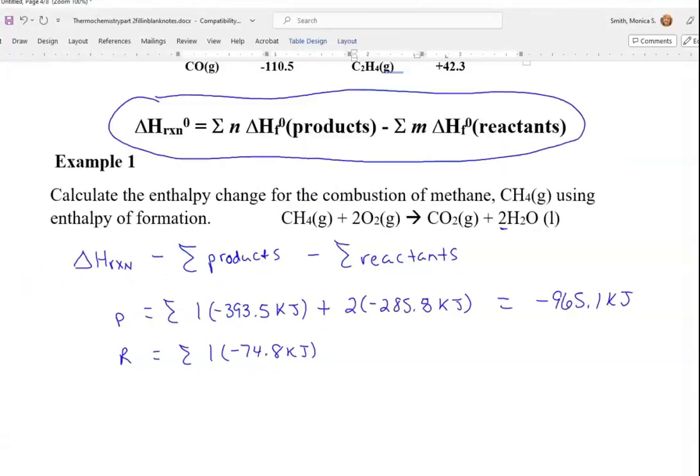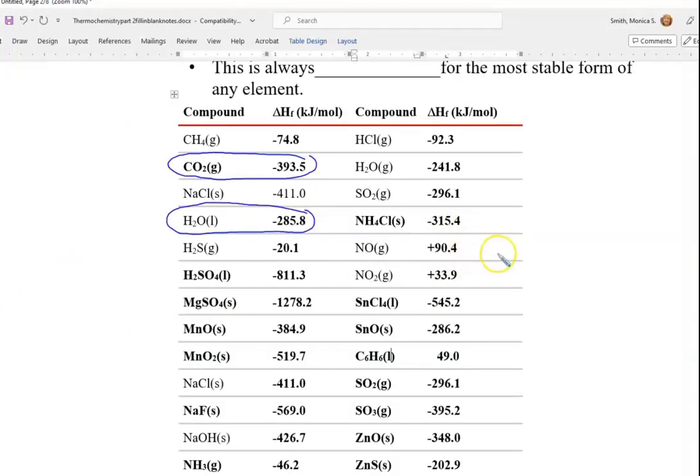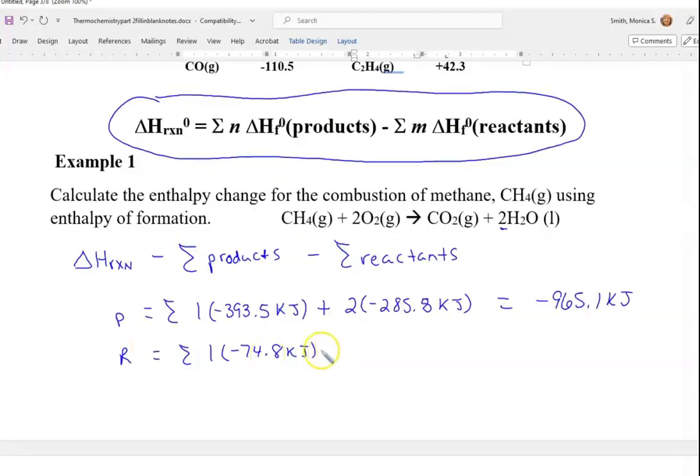Oh, I went to the next problem. 2 oxygen, but I don't find oxygen in the chart, because remember, pure elements are 0. Oxygen there is a pure element. I would suggest you don't even put plus 0, because I have students that put plus 2 times 0 and for some reason they get 2. So if it's 0, I would tell you not to put it in there; you'd be a little bit safer. So negative 74.8 kilojoules.